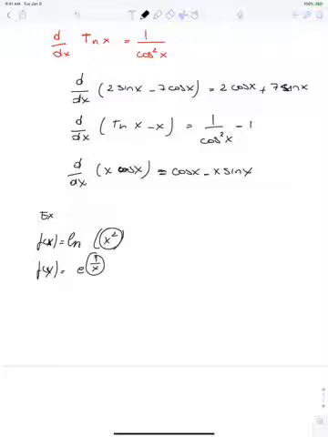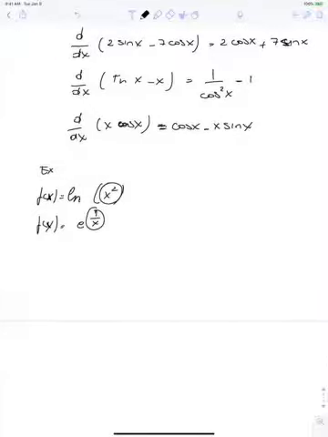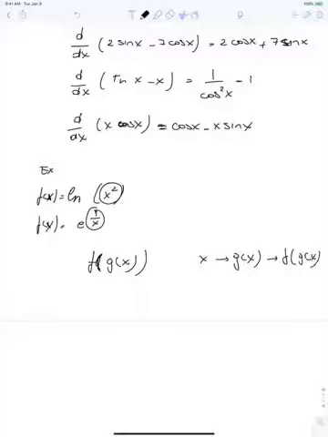So what we have to use is the chain rule. These functions here can be written in the form f of g of x, because we take x, we compute the function g of x, and then we apply another function to the result. So here, in the first example, we take x, we compute x squared, and then we compute the log of x squared.